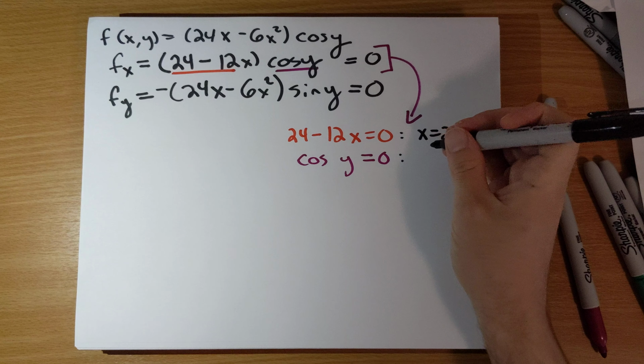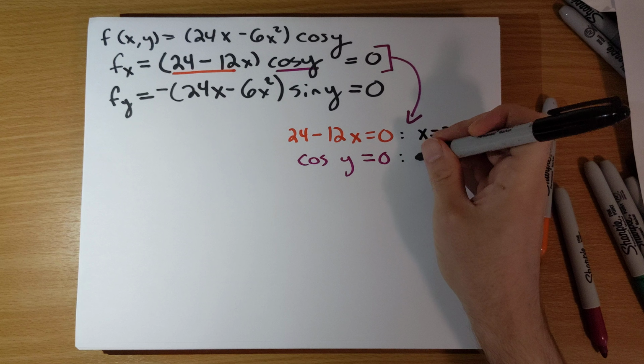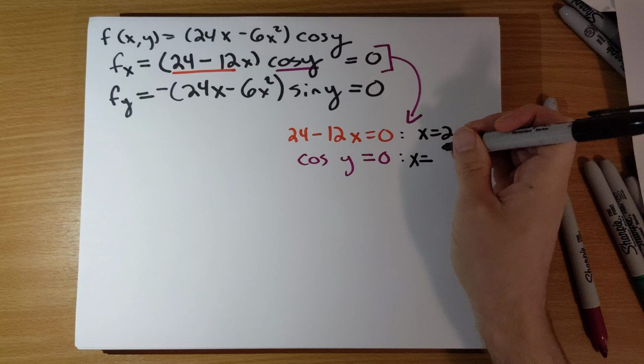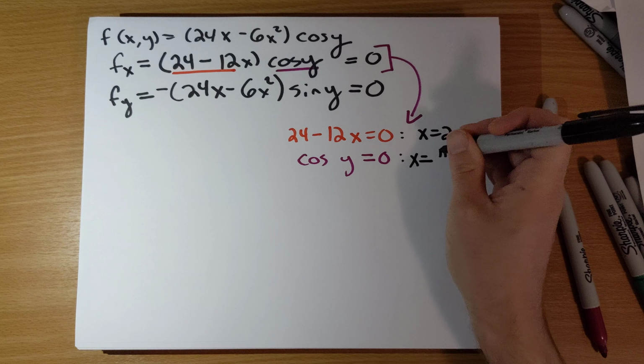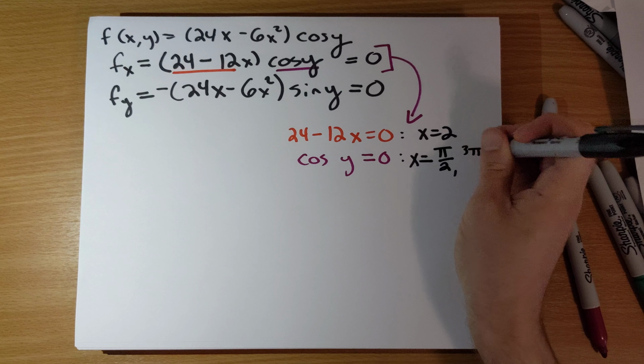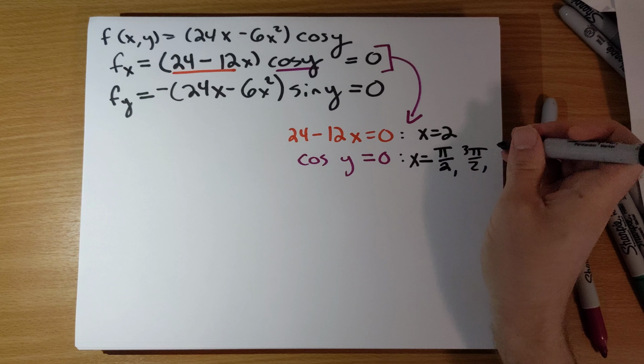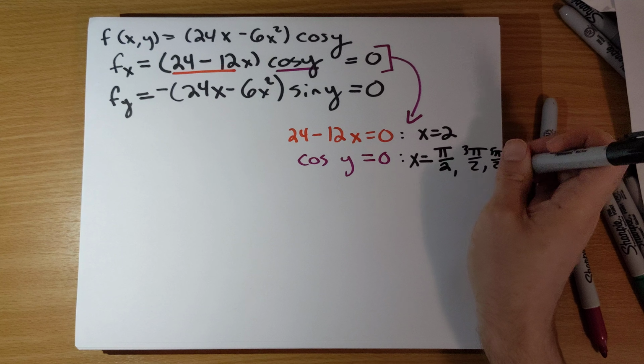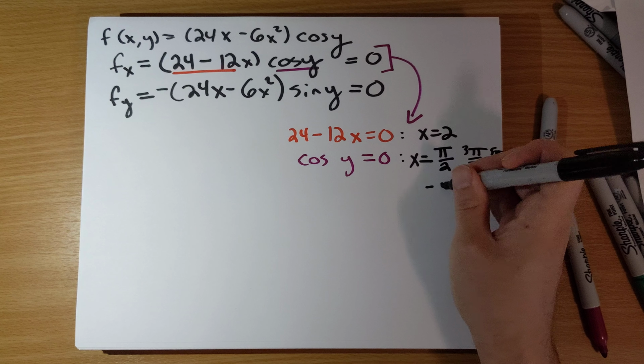When is that true? That is going to be at half integer multiples of pi. So pi over 2, 3 pi over 2, 5 pi over 2, along with negative pi over 2, negative 3 pi over 2. When is f sub y equal to 0?